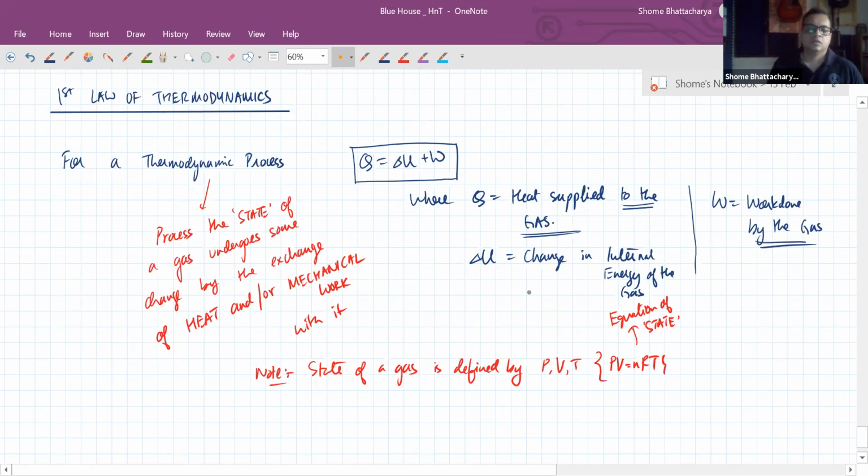Okay. So we'll also discuss in which case these quantities are positive, in which case these quantities are negative. But this is the statement of first law. The heat supplied to the gas equals the change in internal energy plus the work done by the gas.